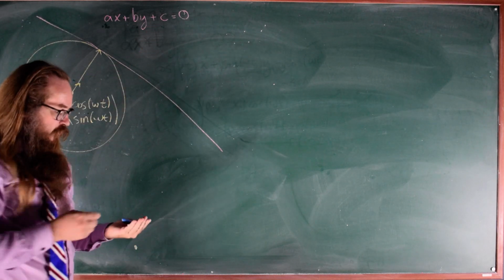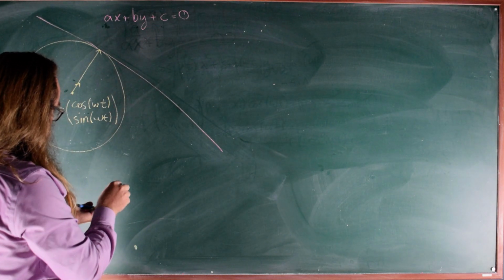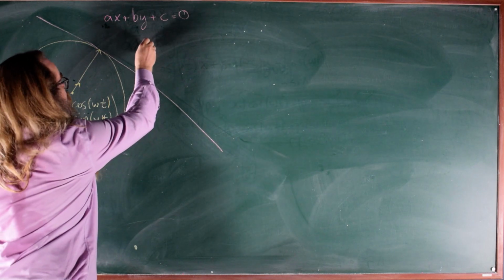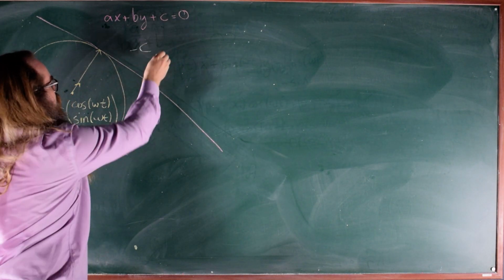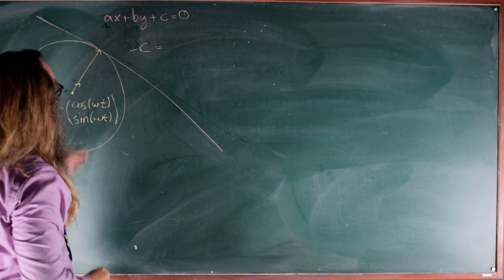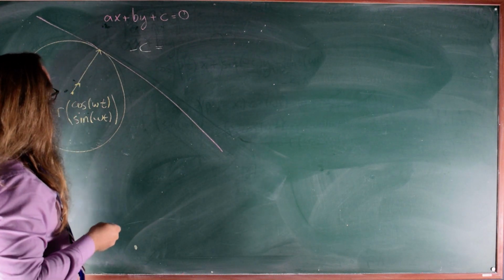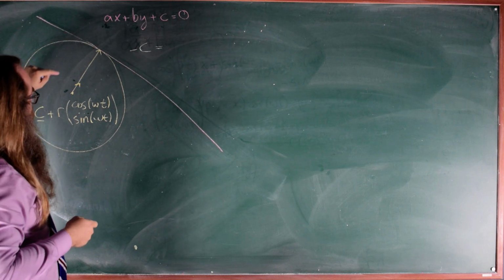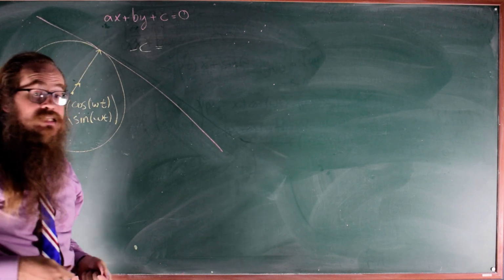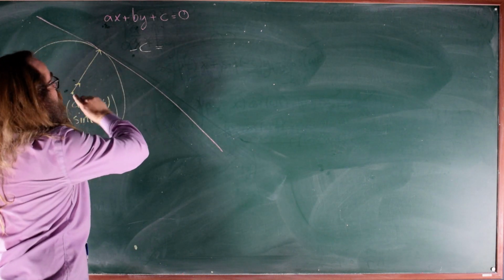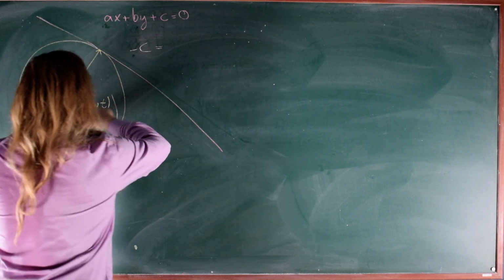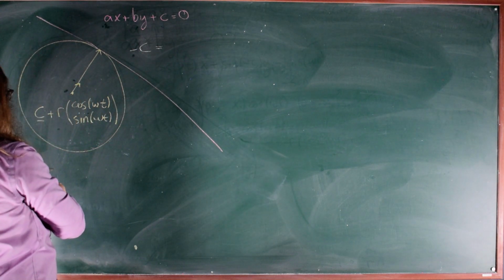So what's going to be the value of C? Well, as it turns out, the C, or the minus C, is always going to be this evaluated at some point on the circle. Well, we already have a point on the circle. We have this point. We have the point of release. Okay, so minus C is always going to be this point here.